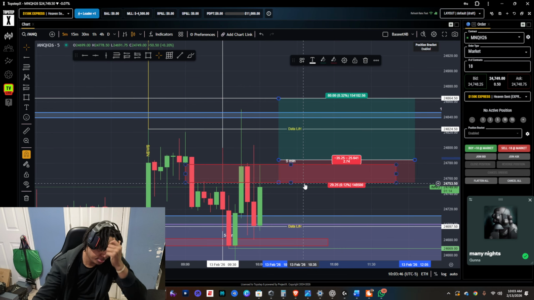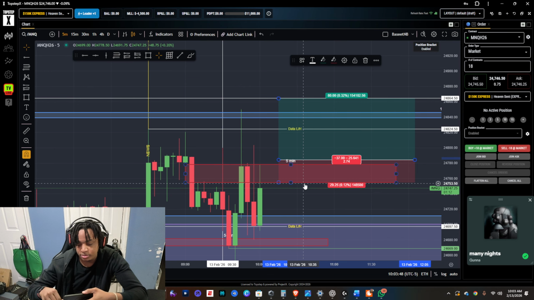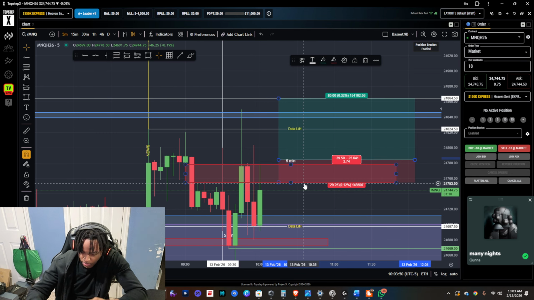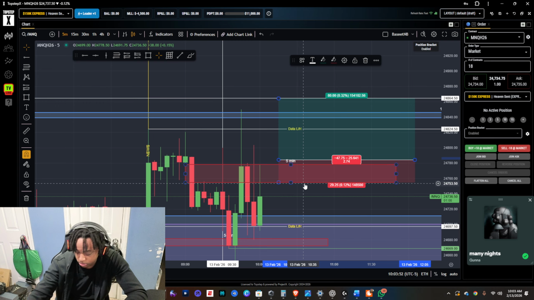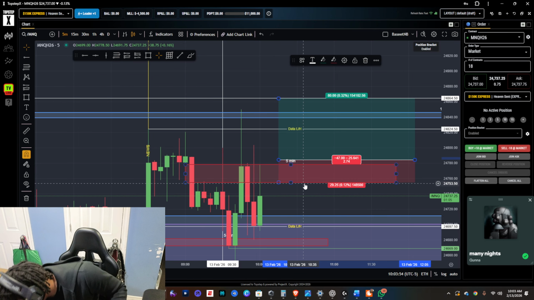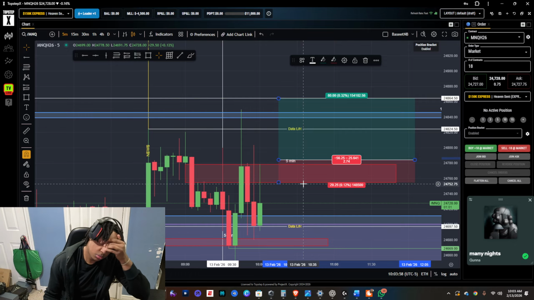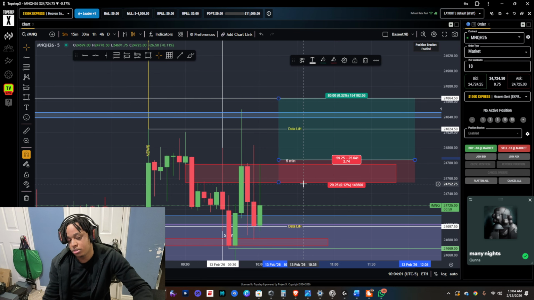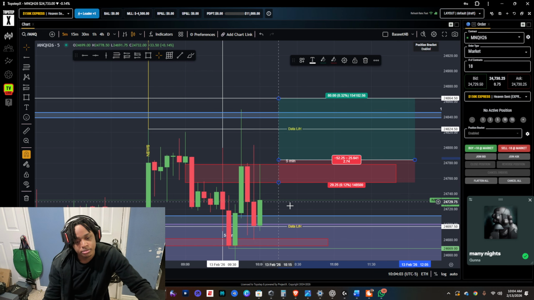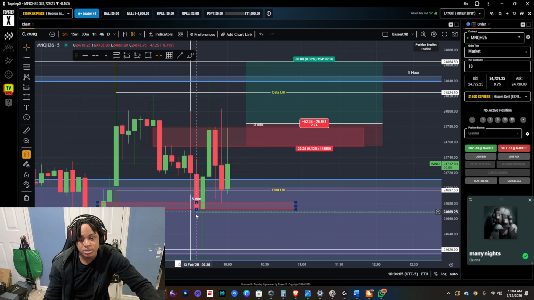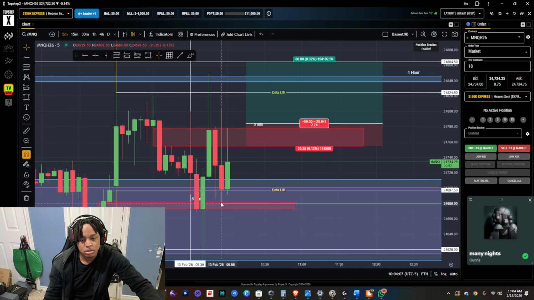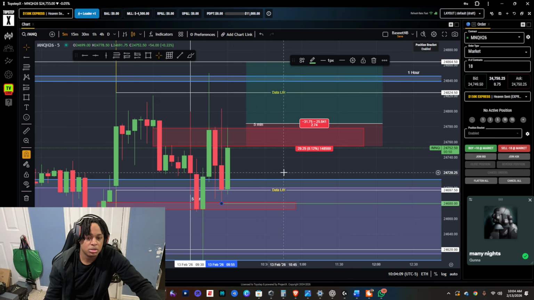Can you guys tell? Or does it want a shorter way for a structure? That's what it's looking like.